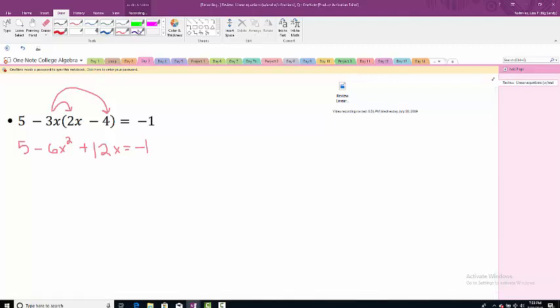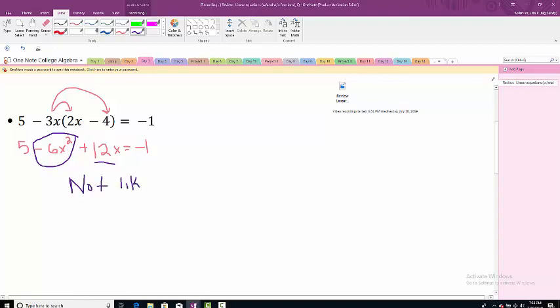Now, negative 6x squared and 12x are not like terms, which means we cannot combine them.